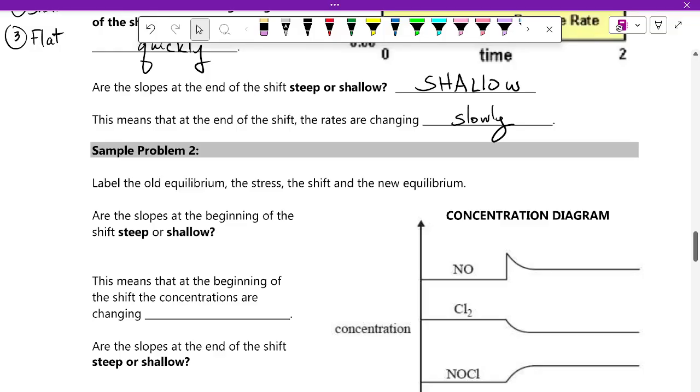Let us try sample problem number 2, and I think that'll be all we can get done for today. Label the old equilibrium, the stress, the shift, and the new equilibrium.